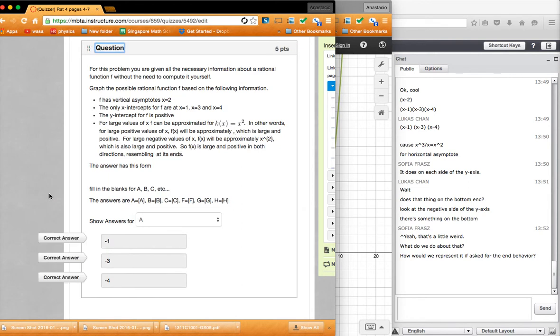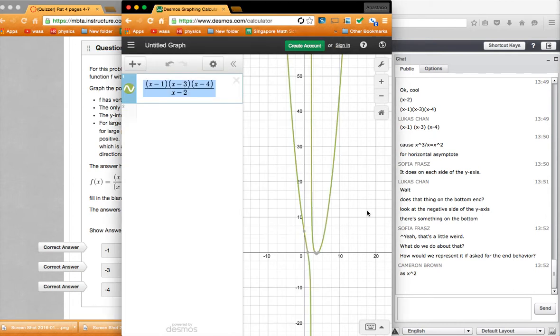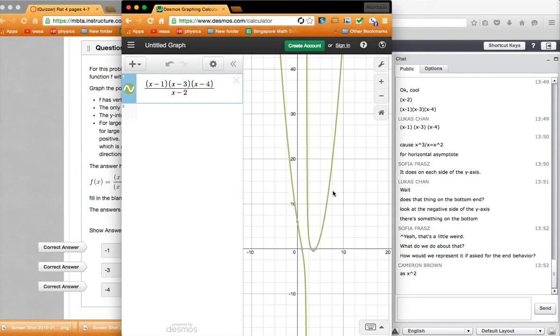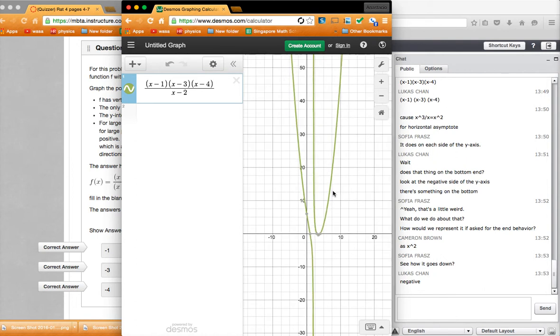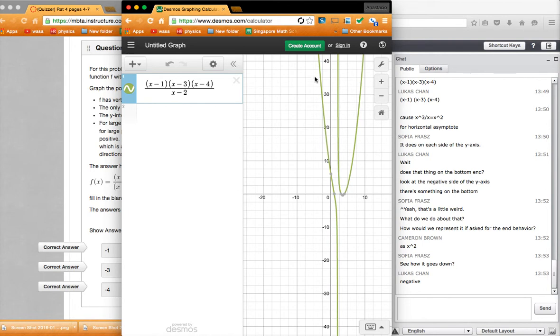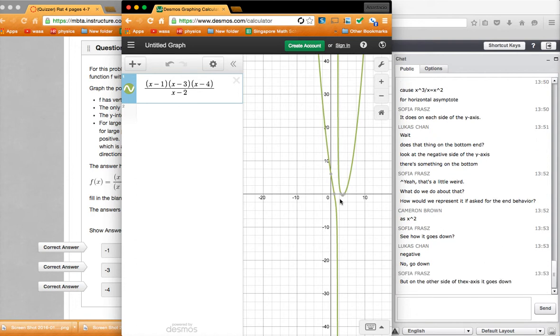Okay, wait. Look at the negative side of the y-axis. There's something on the bottom. What are you talking about? On the negative side of the y-axis, when I zoom out, it doesn't go down. It goes up to infinity. Or are you talking about this thing right here?